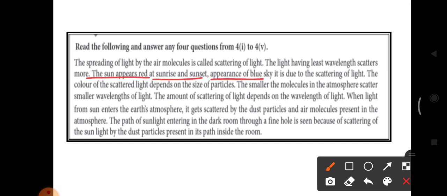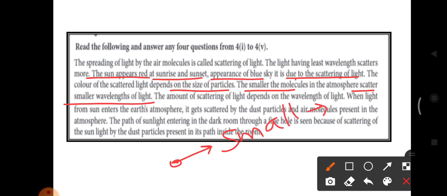Appearance of blue sky, it is due to the scattering of light. The color of the scattered light depends on the size of the particles. The smaller molecules in the atmosphere scatter smaller wavelength. So, small particles scatter smaller wavelength. That means violet, indigo, blue.